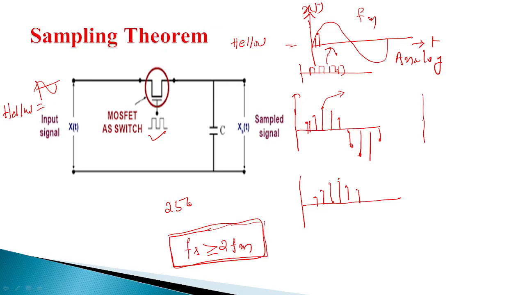For example, at least two samples per cycle. Just assume this is one sample and this is one more sample. Then only, while demodulating, you may get the required original signal. The sampling rate should be greater than or equal to 2 fm, then only can we get the exact approximate signal.